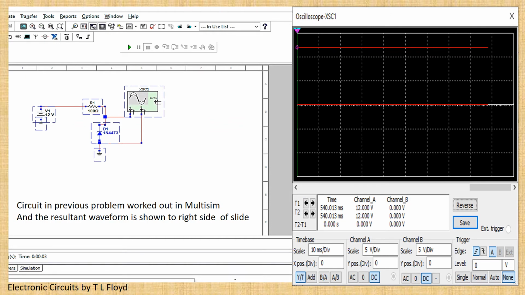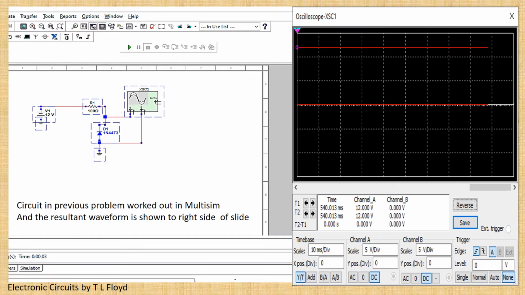This problem is carried out in Multisim. The Zener given to you is 1N477 NA, the resistance is 100 ohms, and you have to find out how much regulated voltage you can measure.